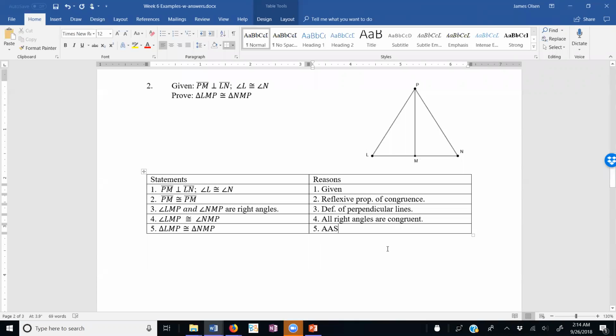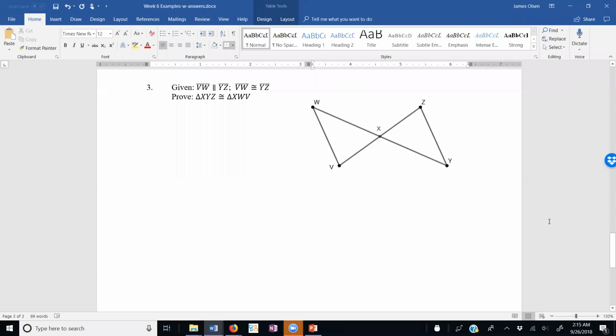Now let's move to example 3. Let's see what we have here. Segment VW is parallel to segment YZ. We often indicate parallel lines with an arrow.